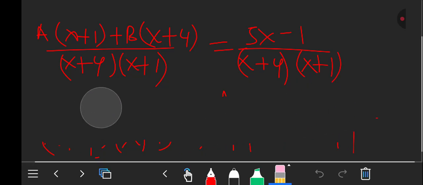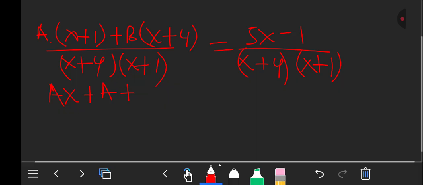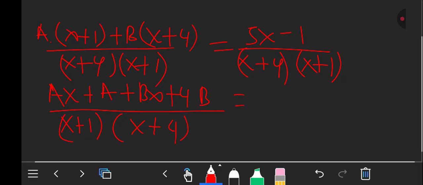So we can now evaluate this. This can be equal to a times x, that is ax, a times 1, that is a, plus b times x, that is bx, b times 4, that is 4b, over x plus 1, x plus 4. Multiplication is commutative, so even if we write it like that is okay.